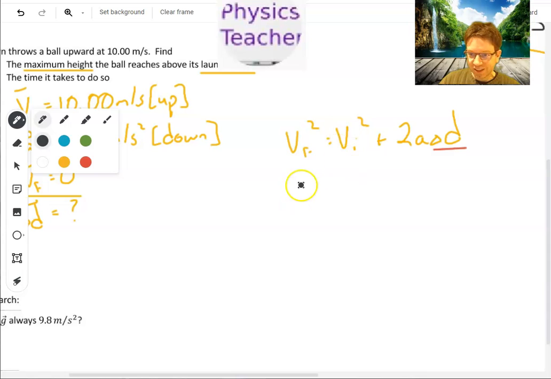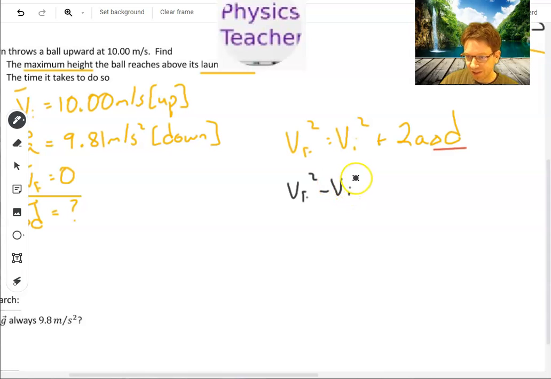So let's bring the initial velocity to the other side. So we have V final squared minus V initial squared equals 2A delta D. And then we'll divide both sides by 2A, and it has to be for both terms on the left side.